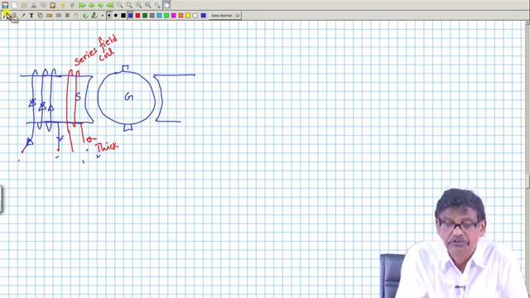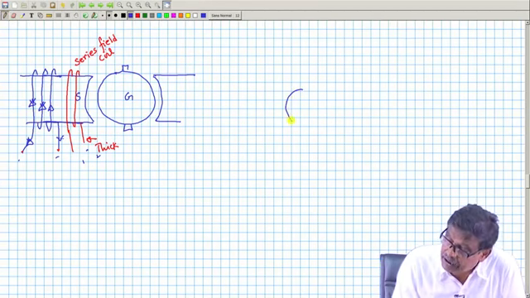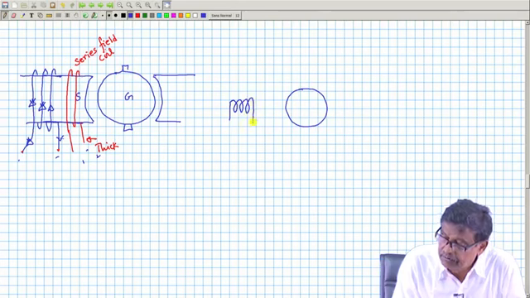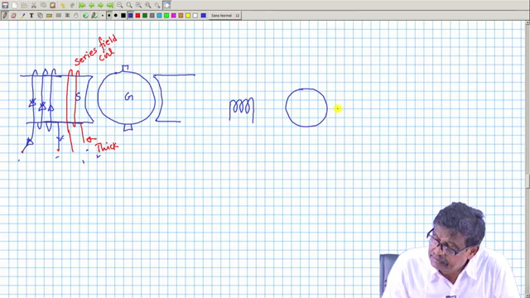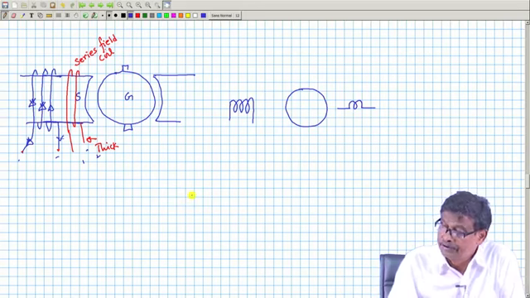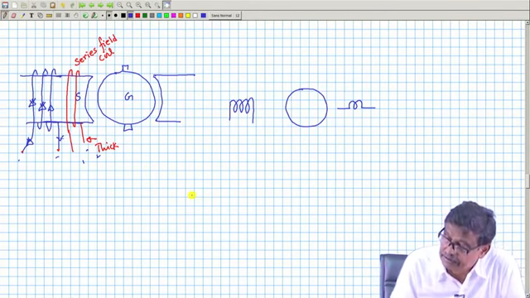So, I am now using another term called series field winding. So, a DC machine could have this field coil, original field coil, and this series field coil I am drawing it like this, few number of turns, thicker coil, but their positions are on the same poles, on every pole it is like this.